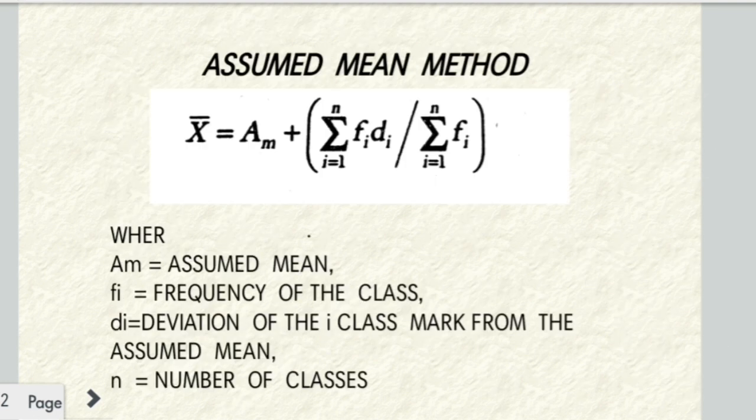Next, assumed mean method. Assumed mean formula is m plus summation fd by summation f. In this formula, we identify a new part, d, in summation fd, where d is the deviation of the i-th class mark from the assumed mean.